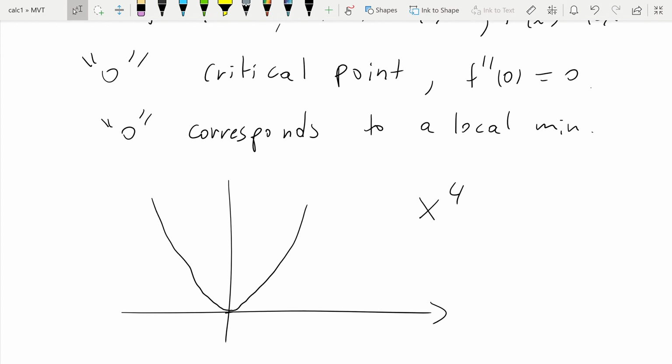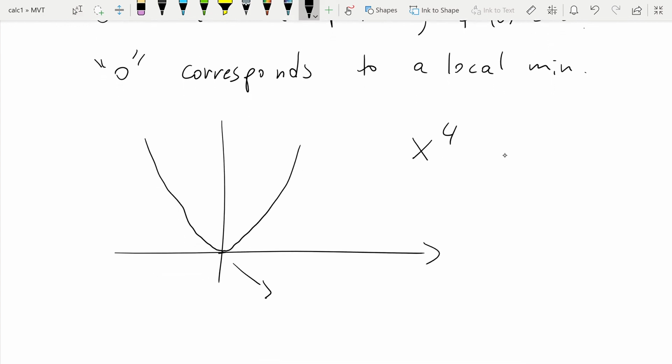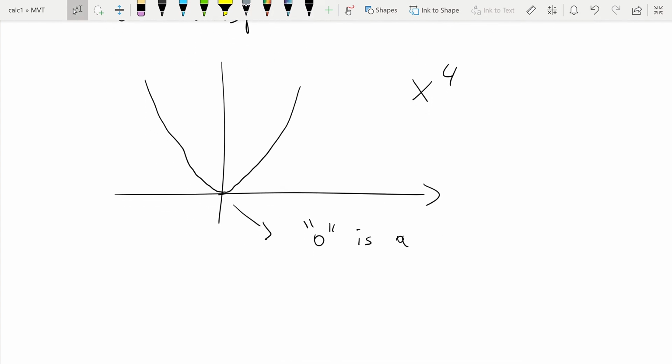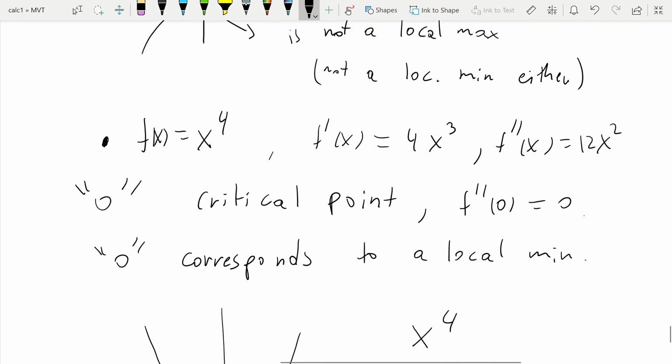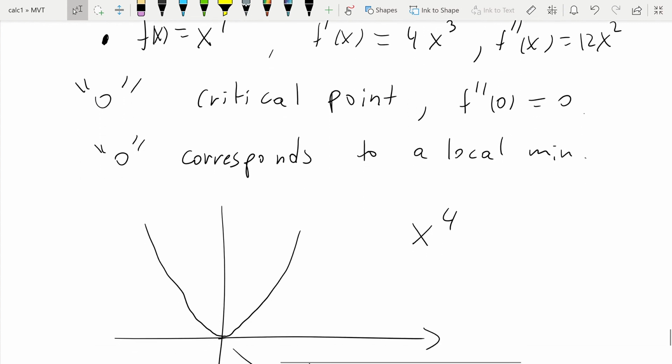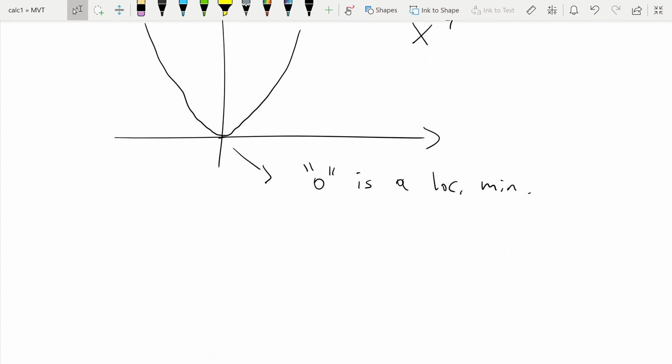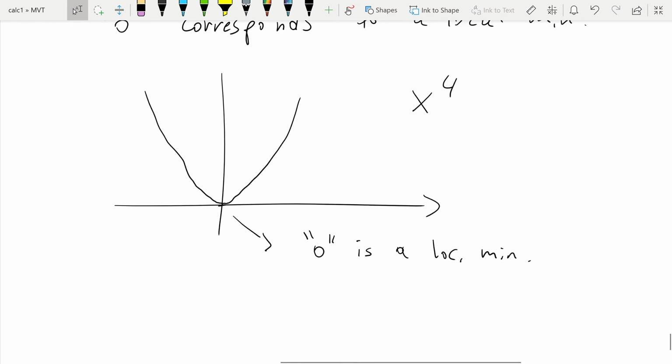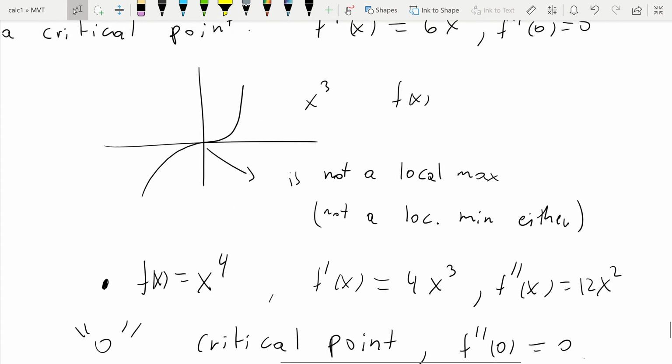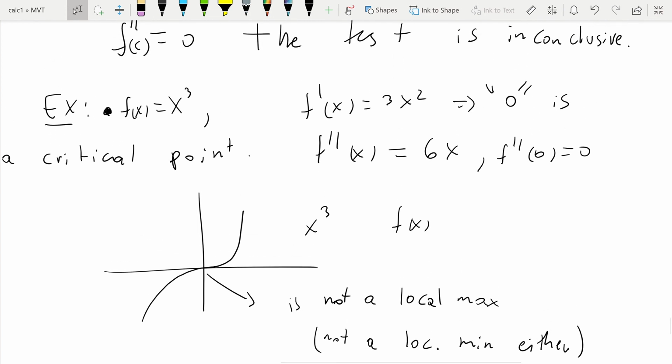So it looks more or less like this, and 0 corresponds to a local min. If instead you consider the function minus x to the 4th, then 0 would be a local max. And so you can have every possible option when the second derivative is equal to 0. So you cannot really conclude anything just from that, which is the point I was trying to make.